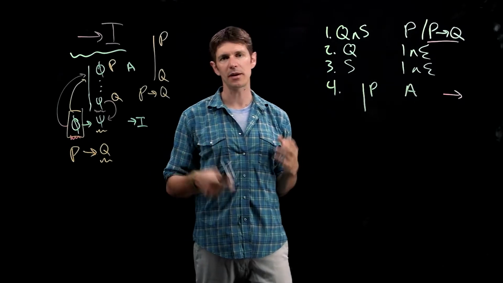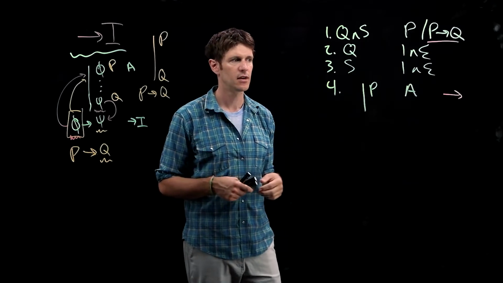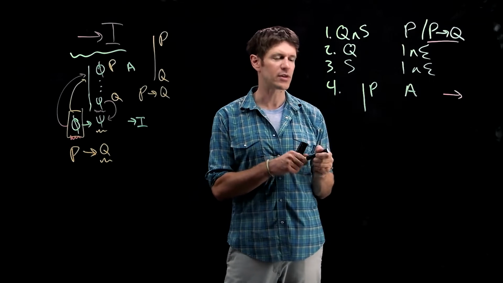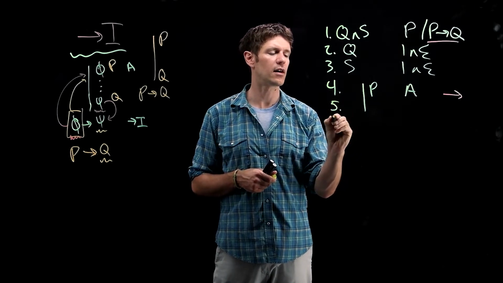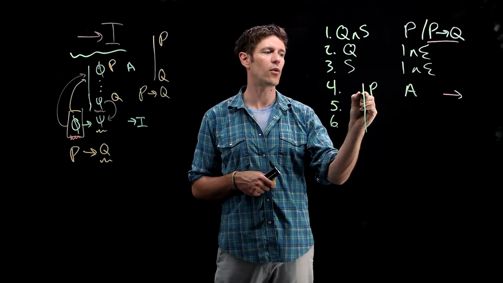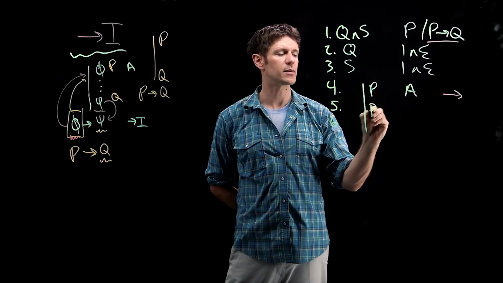Now depending on where you are, how many rules you have, there's a couple ways of doing this. I'm going to do it the most laborious way, which is to say, well, my goal is to get Q into the proof. So I can take line 4, which is P, and line 2, which is Q, and conjoin them together.